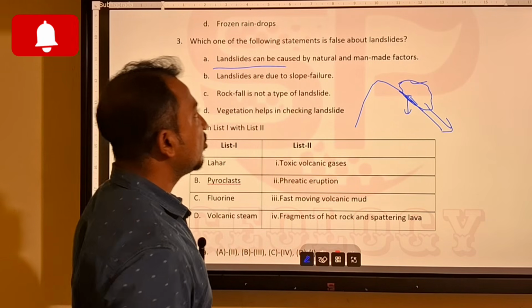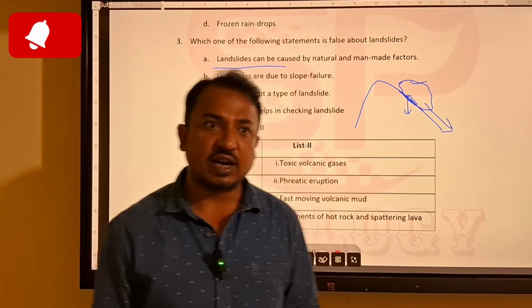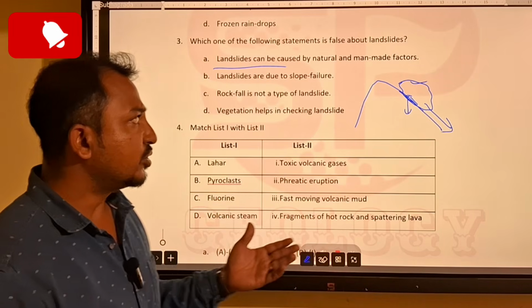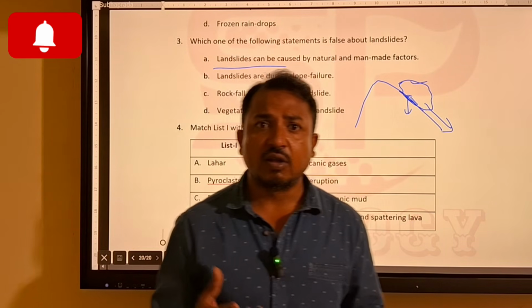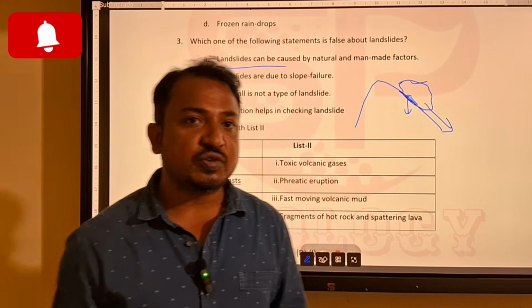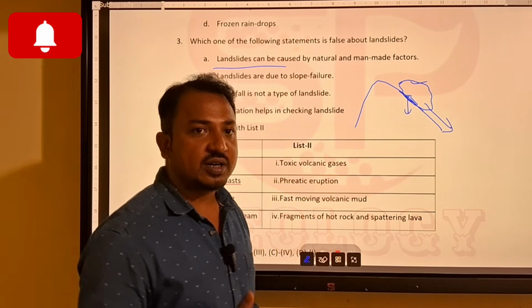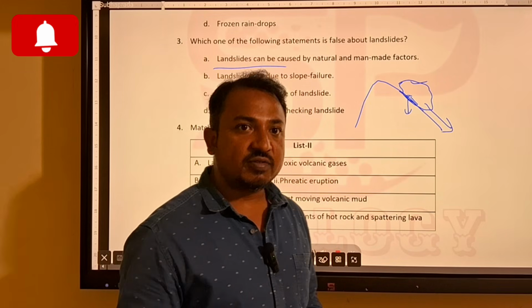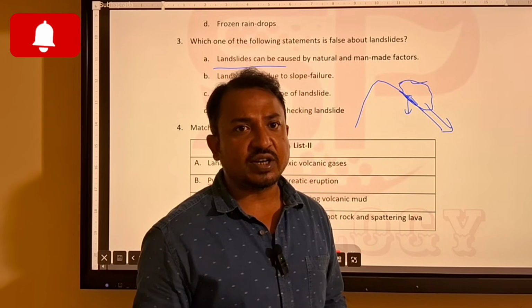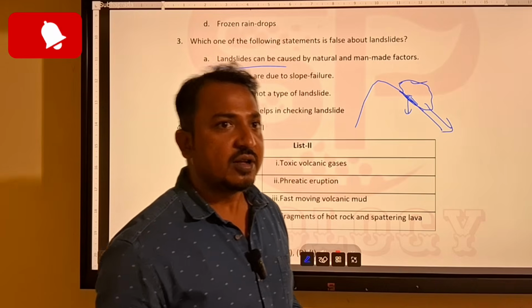So landslide can be caused by natural and man-made factors. A landslide can be produced because of heavy rainfall, when the sediments are saturated with water. When sediments are saturated with water, their weight increases. If the weight increases, then gravitational force will increase, and it will pull the sediments downward.